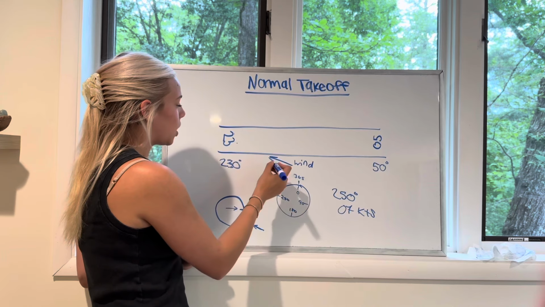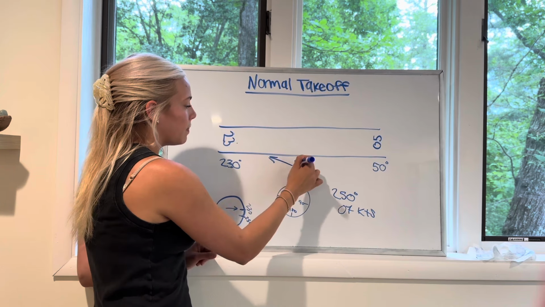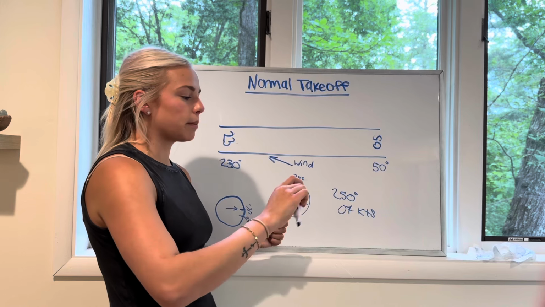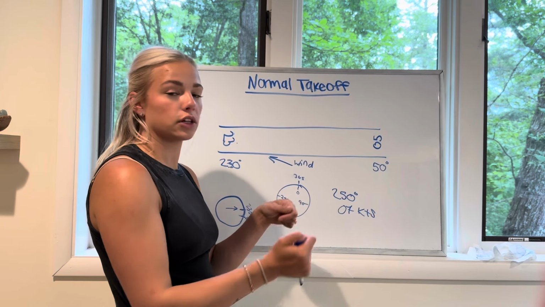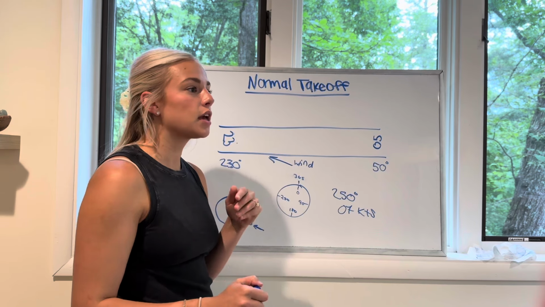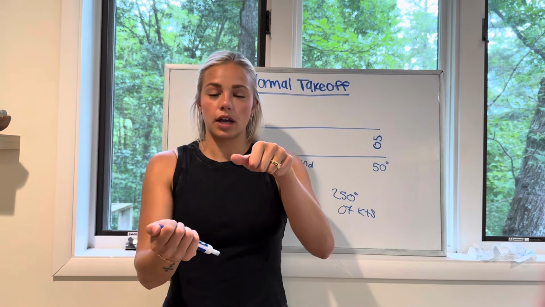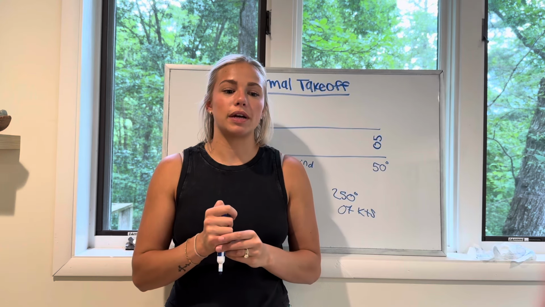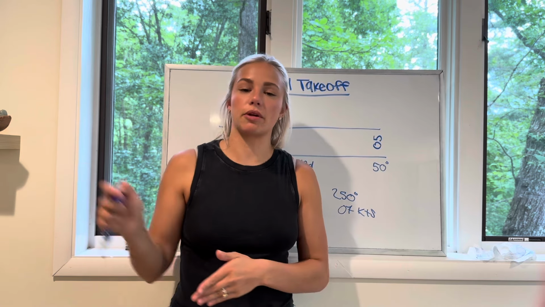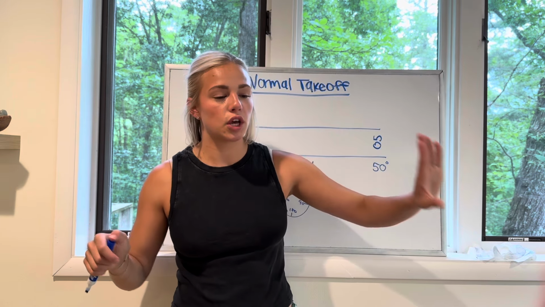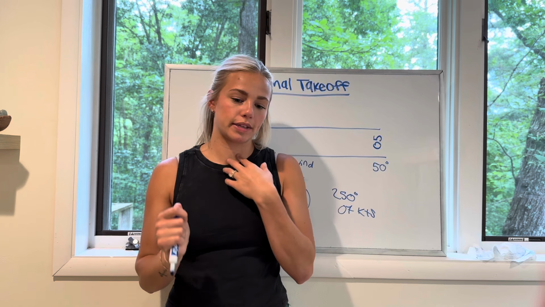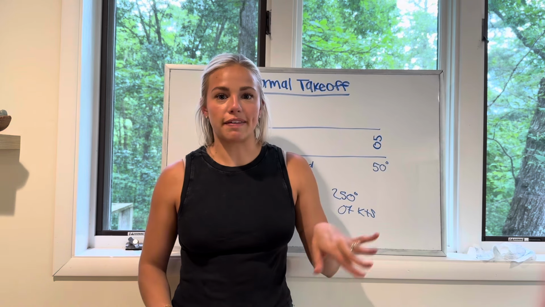So when we take off, if we have that wind, then we are going to put our ailerons into the wind. So we're going to turn our yoke a little bit to the right, and this is going to help us from the wind pushing us to the left because it's coming from the right. It's going to want to push us to the left. So if we turn our ailerons into it, that's going to help us from getting pushed by that crosswind.